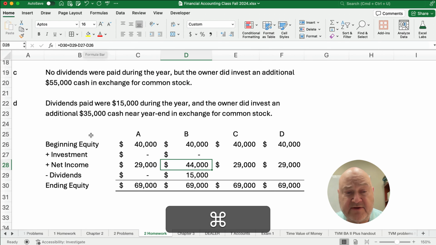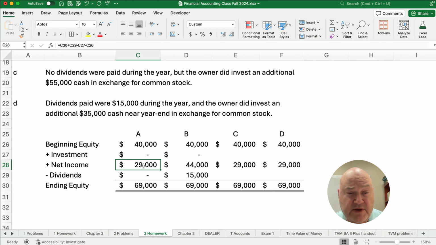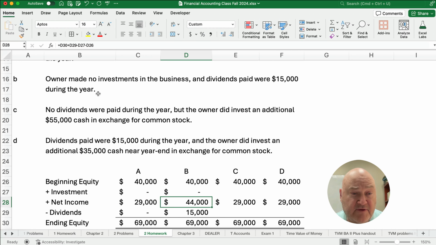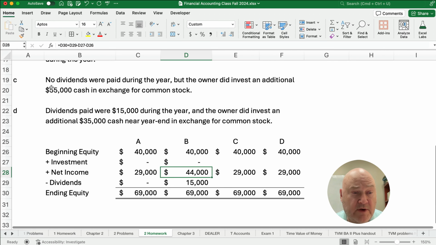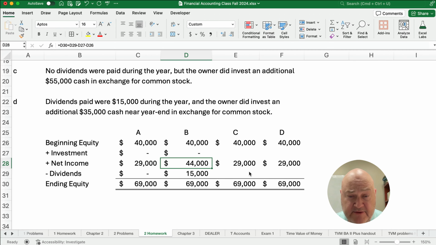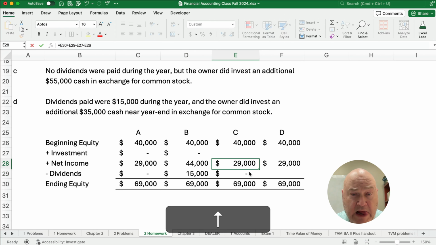So the answer is 29,000 for situation A. The answer is 44,000 net income for situation B. What would it be for situation C? No dividends were paid, so we put 0 dividends. We did invest 55,000.